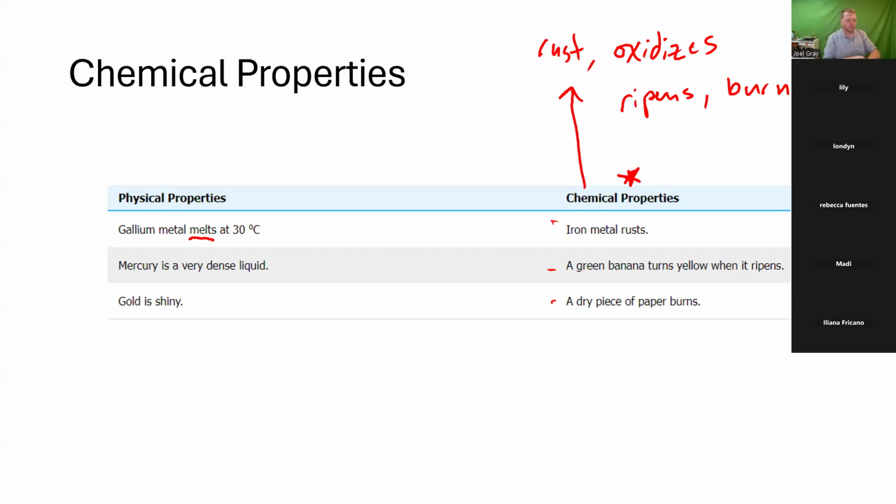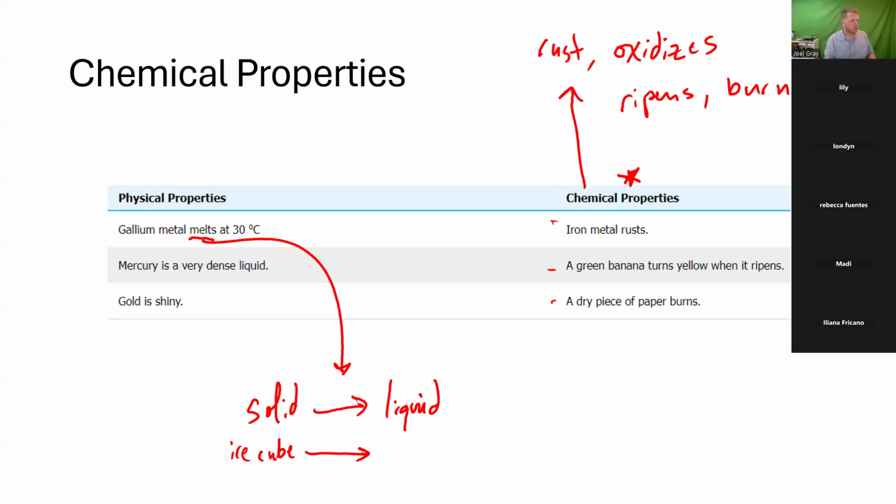One of the ways that I always like to think about this is solid goes to a liquid. If I were to take an ice cube, that's a solid, I can make it into a puddle of water. Give me a number if you agree with that as a possibility.